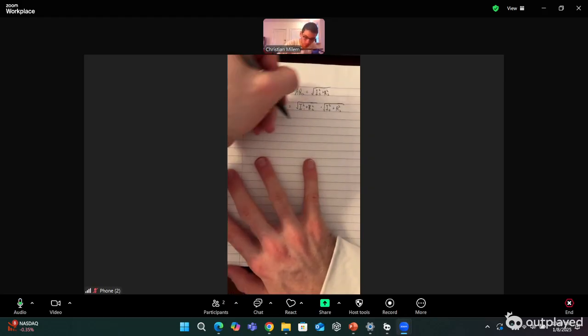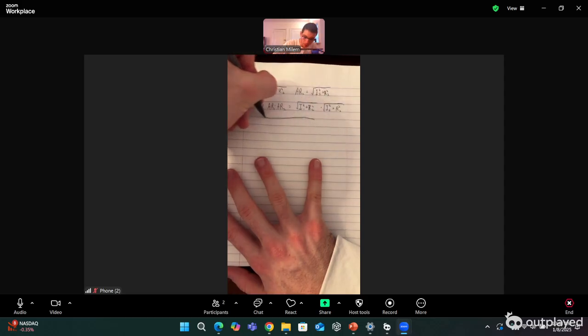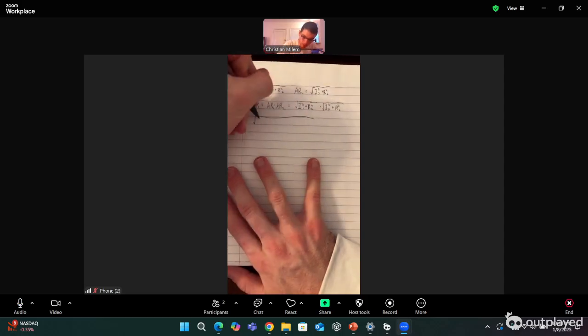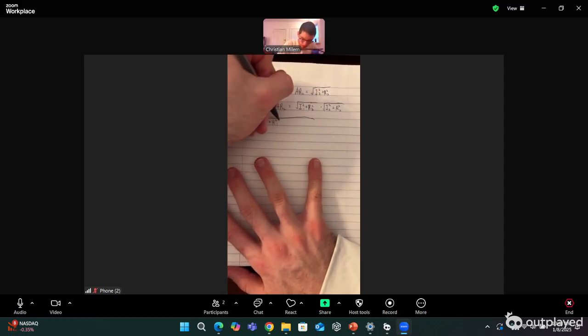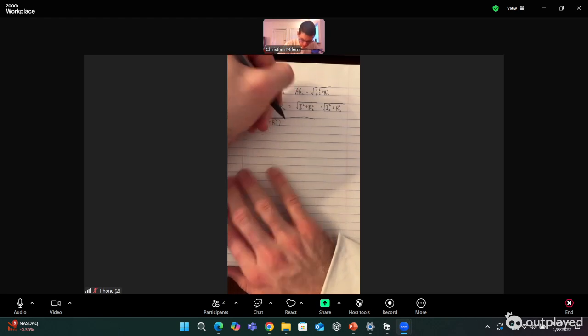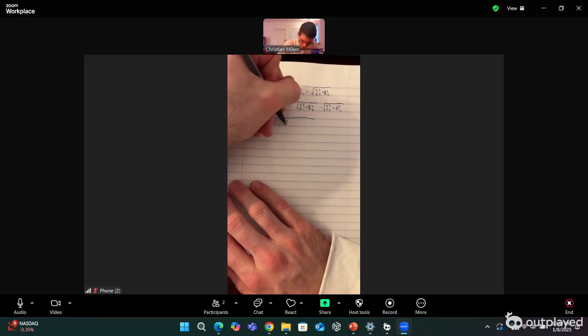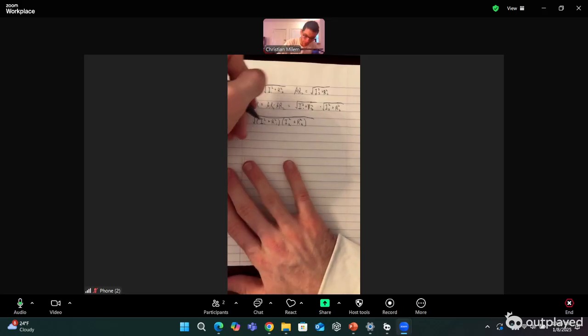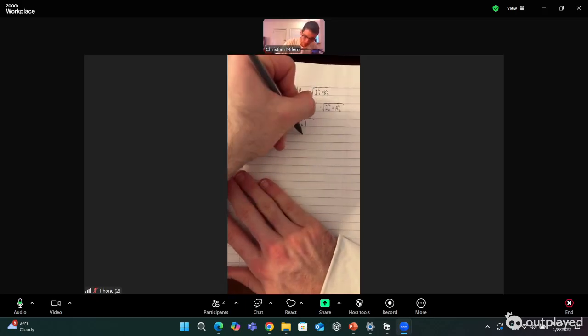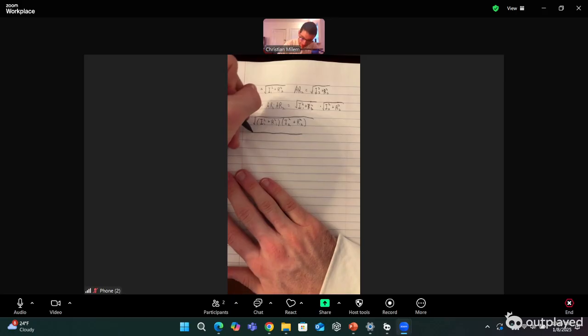So let's start squaring those out. I apologize if you cannot see my subscripts. I'm trying to do this to the best of my ability.